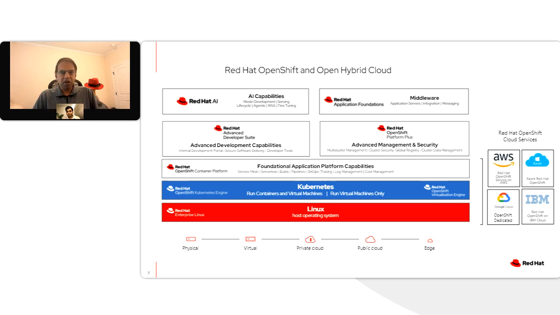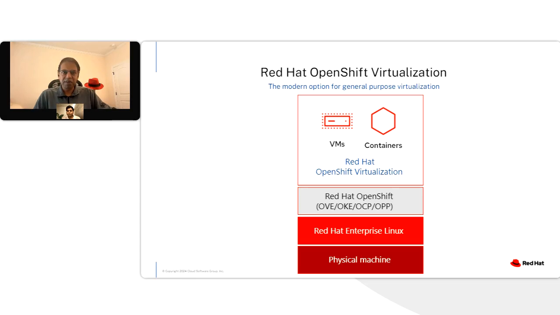And then to top it all off, we have Red Hat AI, and we'll dive a little bit into that just to give you a peek. And also Red Hat Application Foundations, that is an opinionated offering from Red Hat to help you as customers deploy these applications. So with that, let's dive a little bit deeper into what this virtualization capability is.